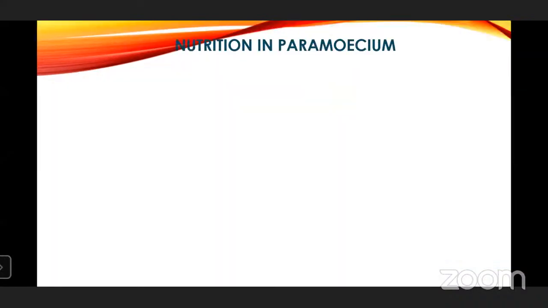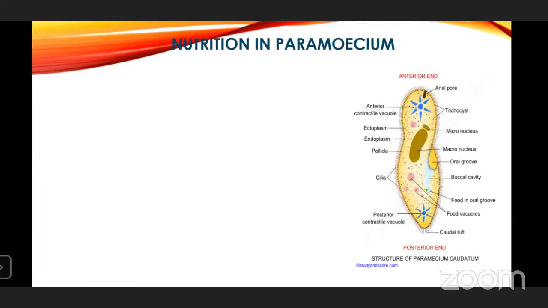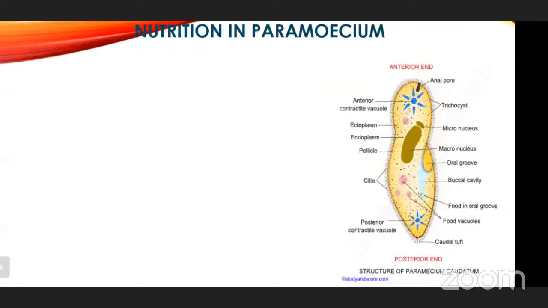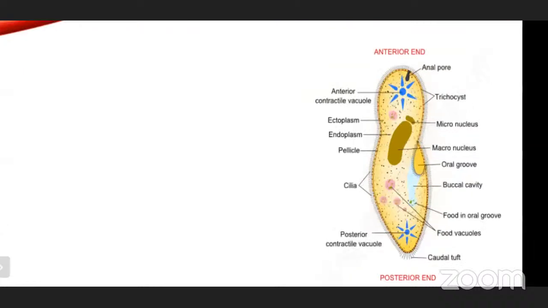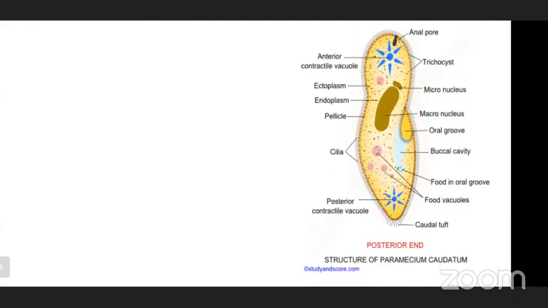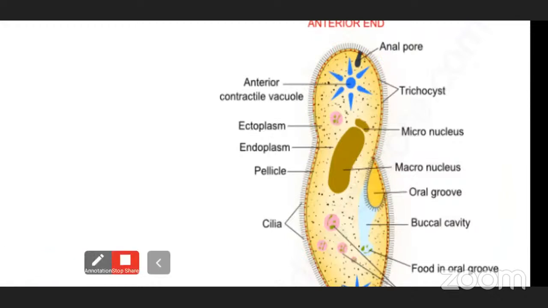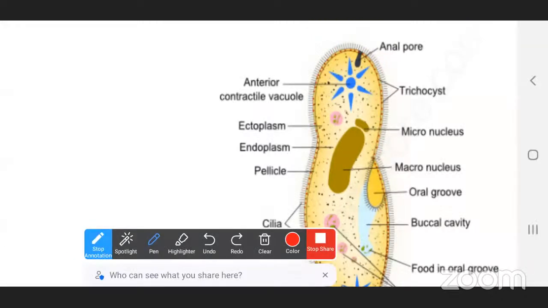And nutrition in paramecium. Okay, so this is another living organism, dear students, nutrition in paramecium. Yes, this is paramecium. Posterior end and anterior end. So anal pore.